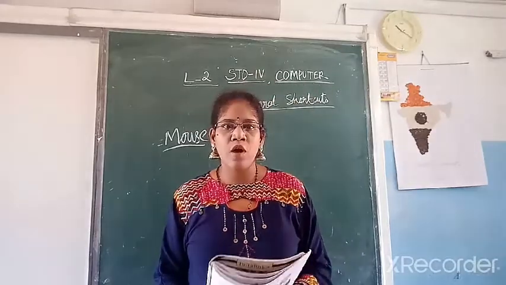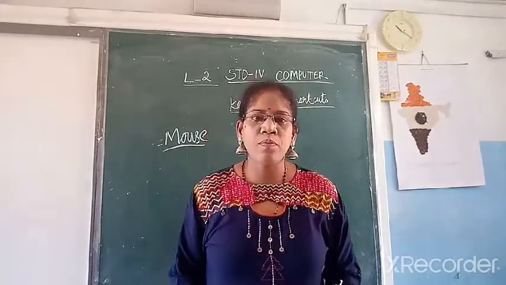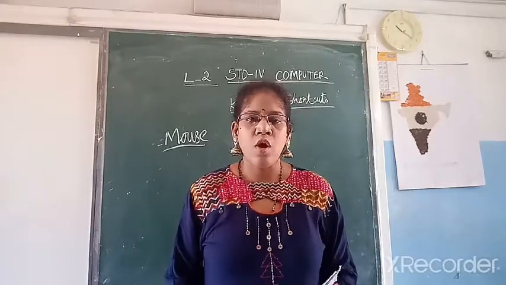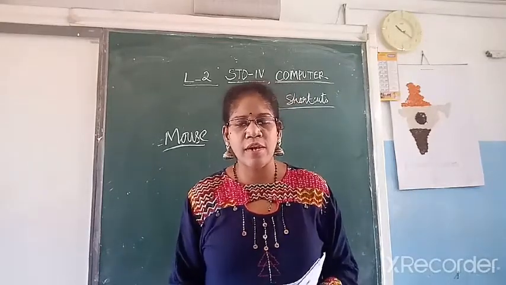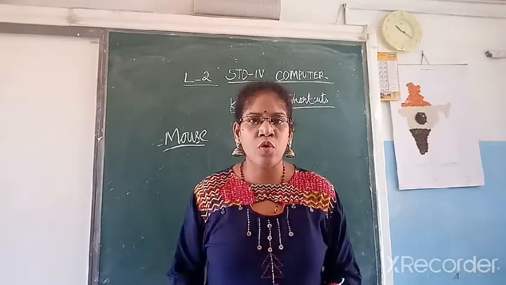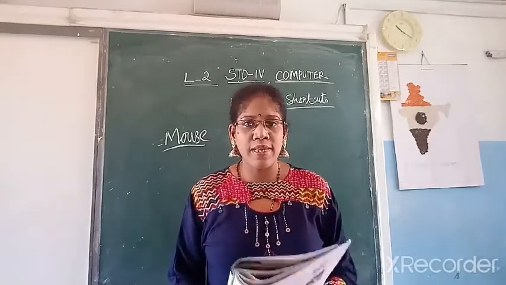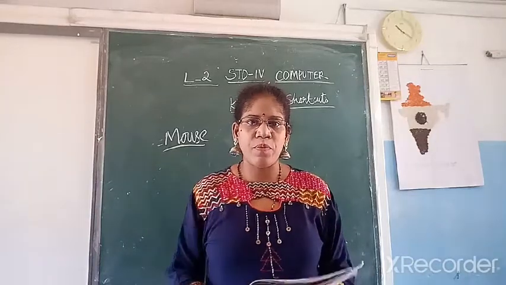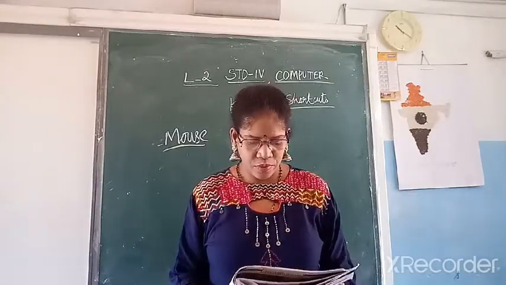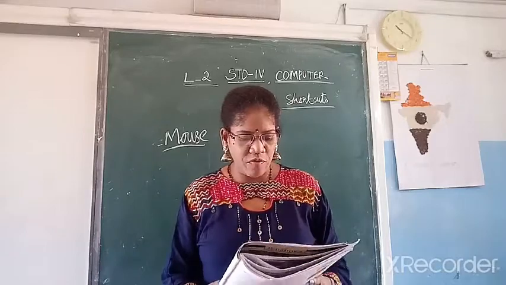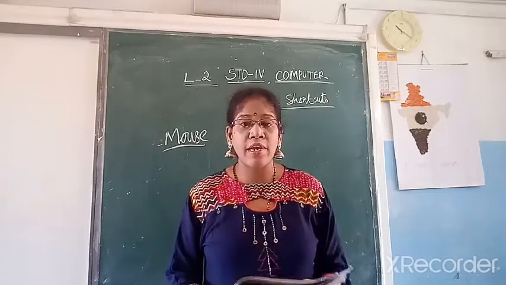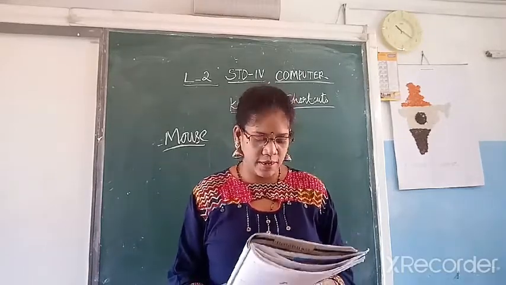A mouse may have two or three buttons: left button, right button, and the middle one is your scroll button. It also helps you to select and drag. It is used for clicking. You can select and open files and folders on a computer by clicking the mouse button.